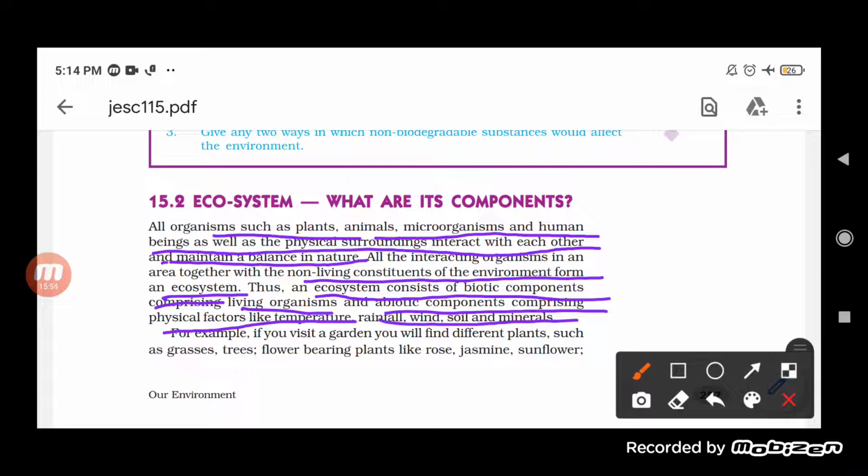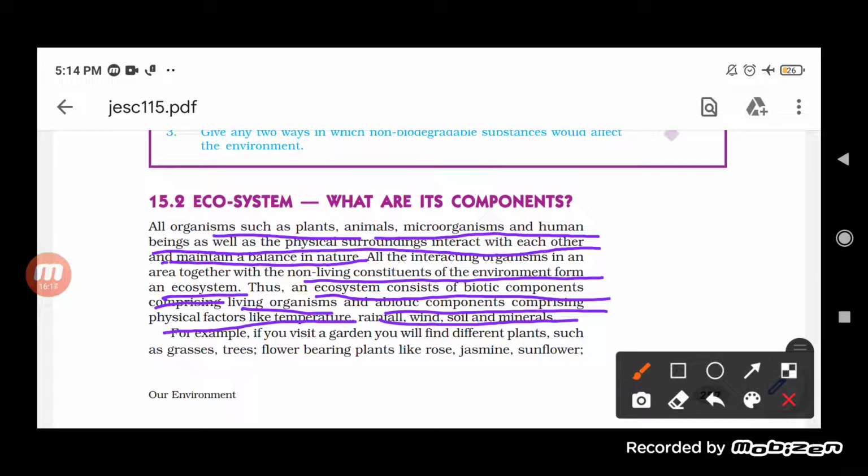Now you see here, when we started to understand the ecosystem, we saw that all the organisms like plants, animals, microorganisms, human beings are important as the biotic, because these are all living organisms. So they are the biotic components of the ecosystem.